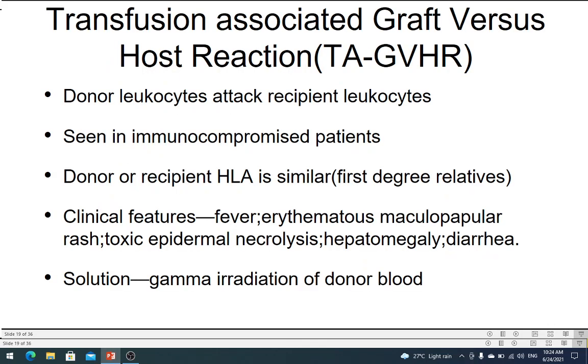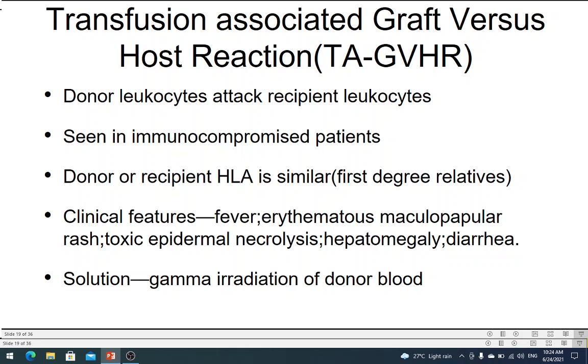The other complication that you can get is what is called a transfusion-associated graft versus host reaction, or TAGVHD. Now this graft versus host reaction, I think you must have all heard when you had those immunology classes for transplants, isn't it? Yeah, probably you know this better than I do.